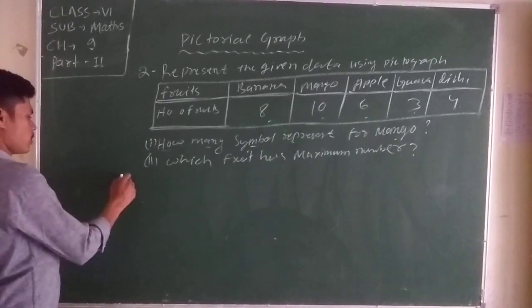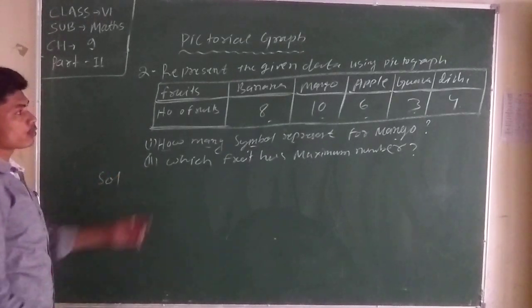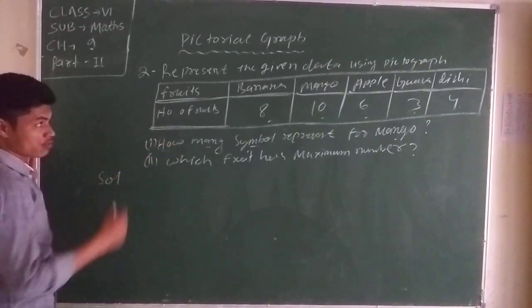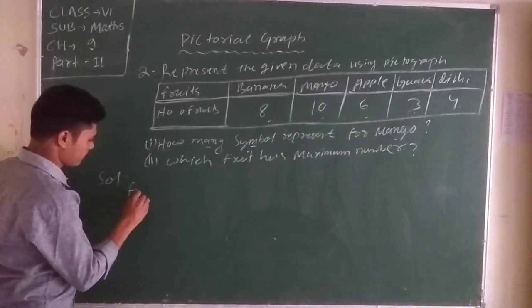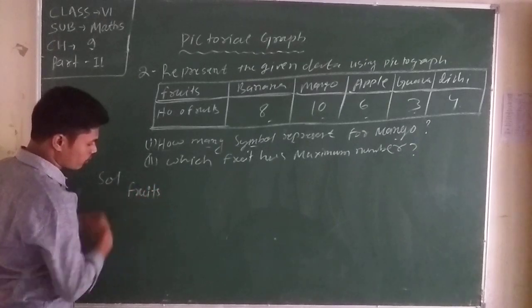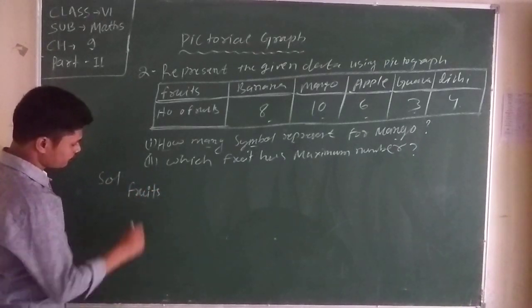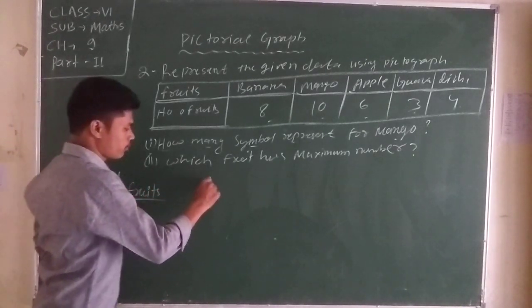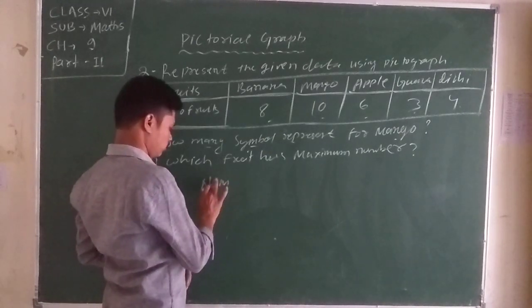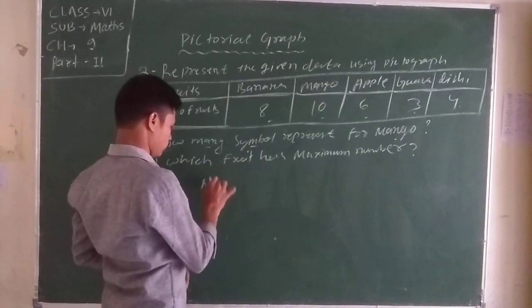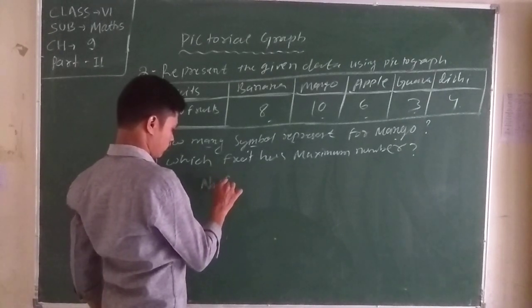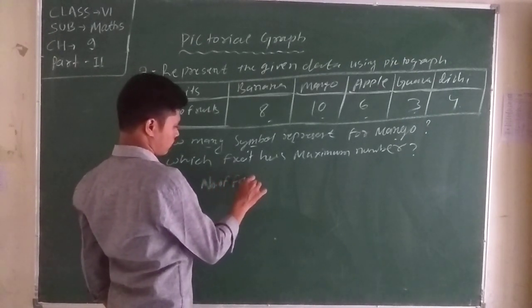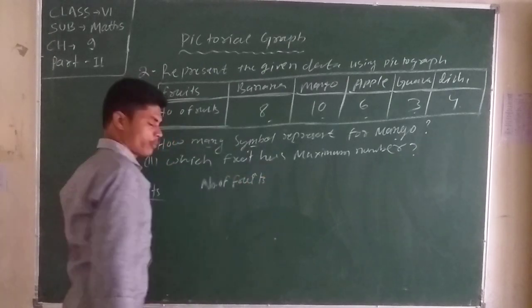Now we solve. Solution is what? First we draw what? Pictograph. We write here: fruits. Okay. Number of fruits.